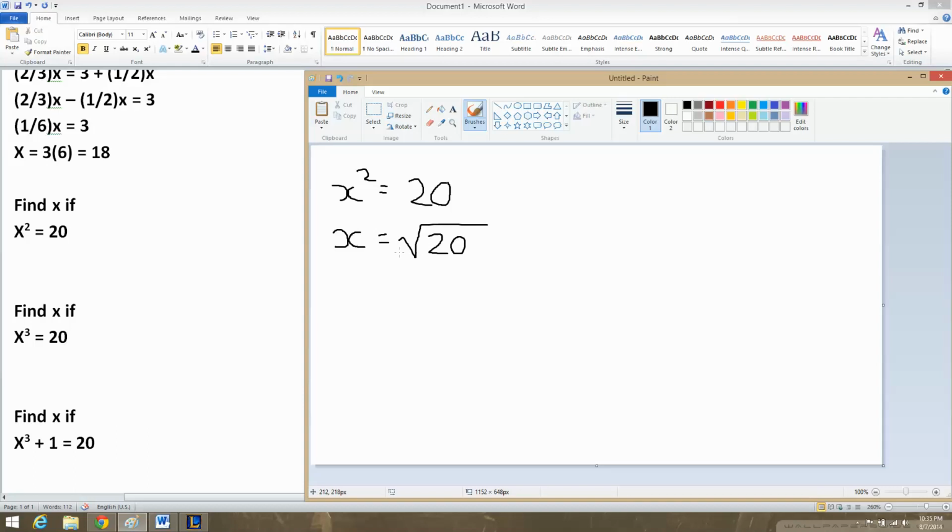If you want to simplify it even further, 20 is divisible by 10 and 2, and 10 is divisible by 5 and 2. Since there are two 2's, we're going to bring one outside of the square root, but we're going to leave the 5 inside. So the final answer to x squared equals 20 is x equals 2 square root of 5.